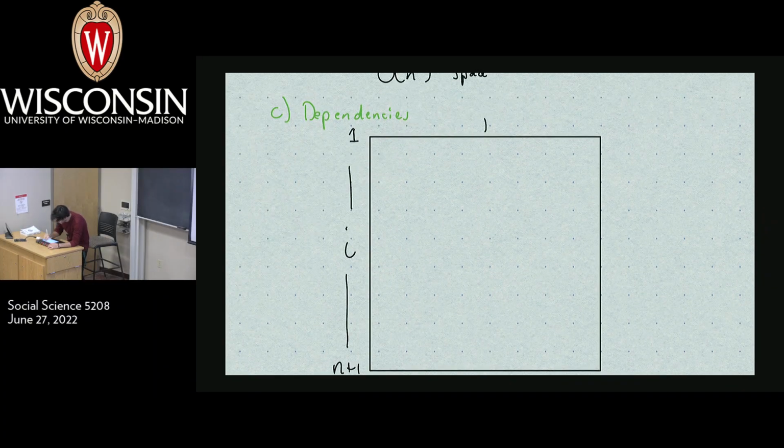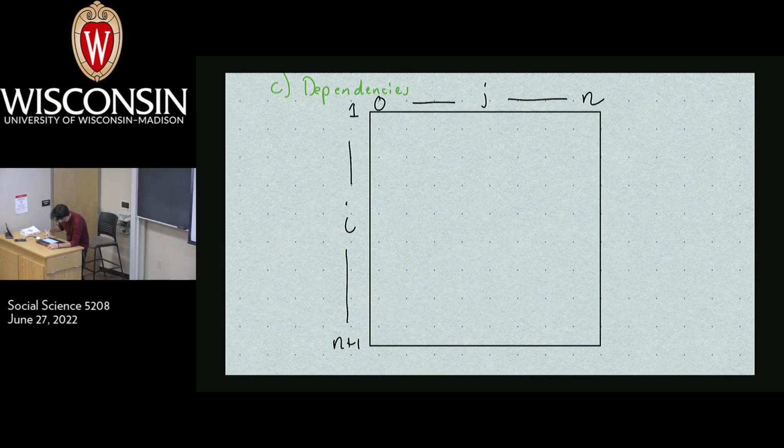Then we have j, which goes from 0 to n. So this is just a picture of our 2D array, the data structure that we're going to use to store subproblems.